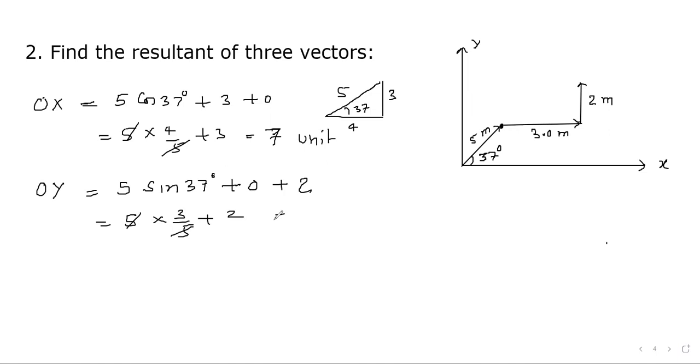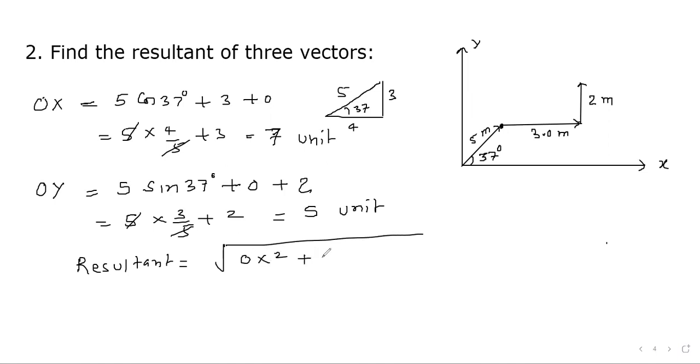So this will become 5 units. Now the resultant we can find. The resultant will be square root of Σx square plus Σy square. So that will be equal to 7 square plus 5 square. And that will be equal to 8.6.